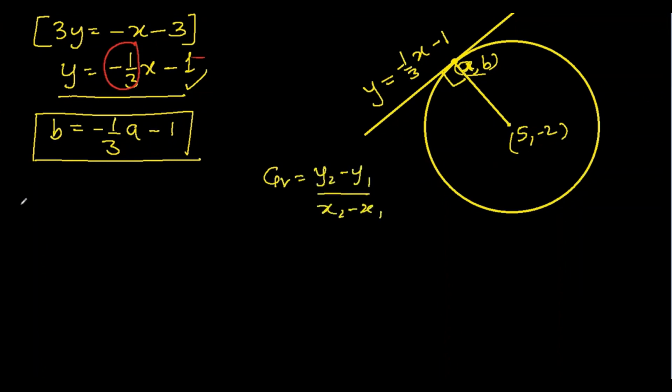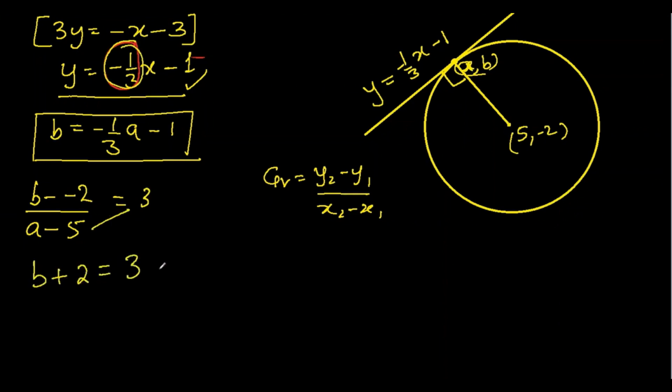If we apply this formula with the radius, it will be b minus minus 2 over a minus 5, which will be equal to the negative reciprocal of minus 1/3, which is 3. So let's cross multiply. b plus 2 equal to 3a minus 15.